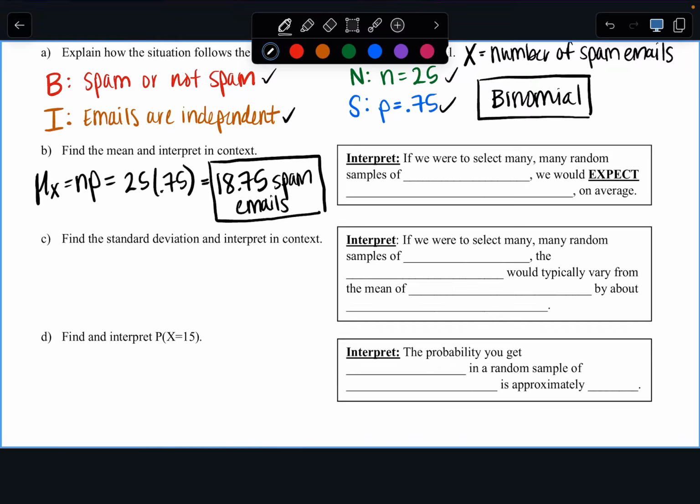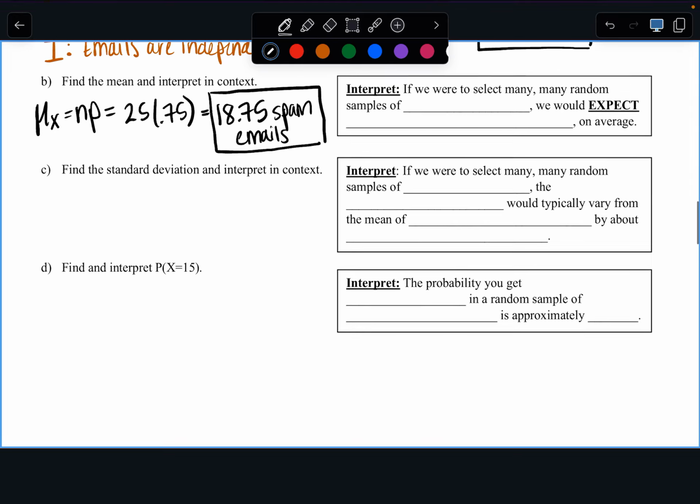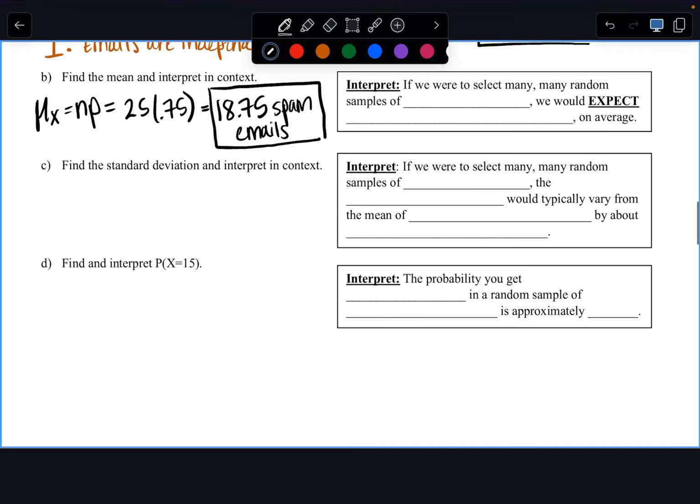One thing I would make sure you familiarize yourself with is how to interpret a mean and how to interpret a standard deviation. In our case, if we were to select many, many random samples of 25 emails, I always include the sample size, because if I don't, this mean could be different if I was only taking a sample of 20 or 30.